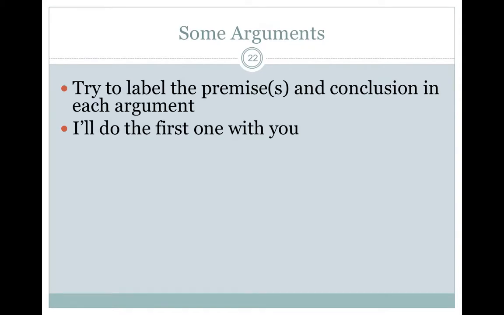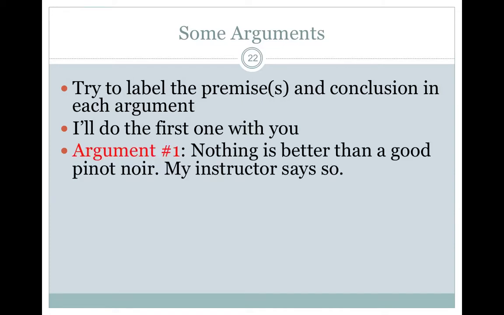So what I want to do here is try to label the premises and conclusions in each argument. I'm going to do the first one right now. What do you think the premise is here? I mean, there's two statements, so there can only be one premise and one conclusion. Which is the premise and which is the conclusion? Well, it seems that nothing is better than a good Pinot Noir is the conclusion.